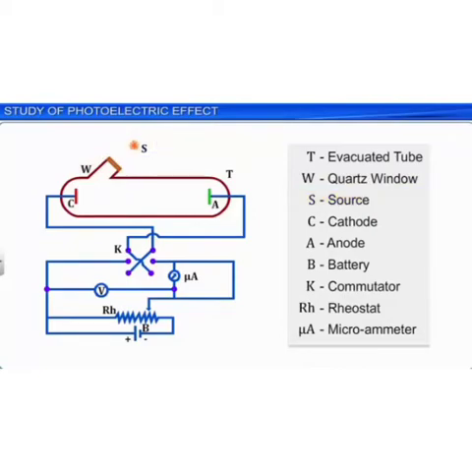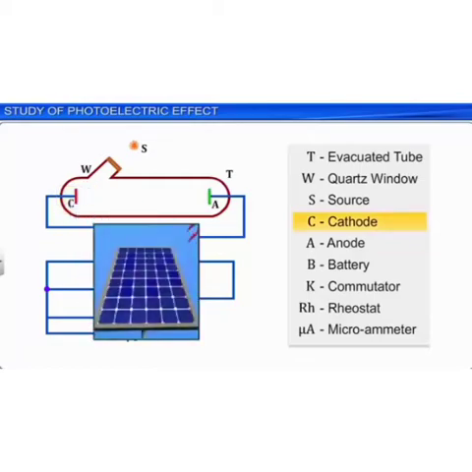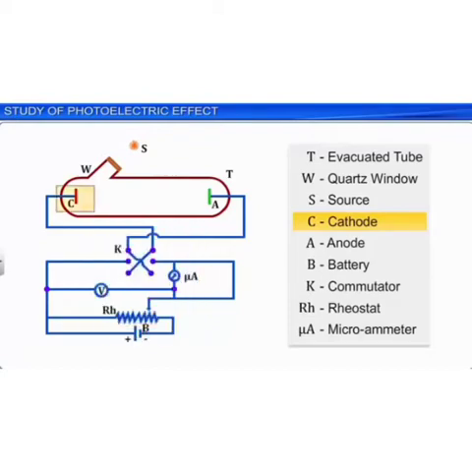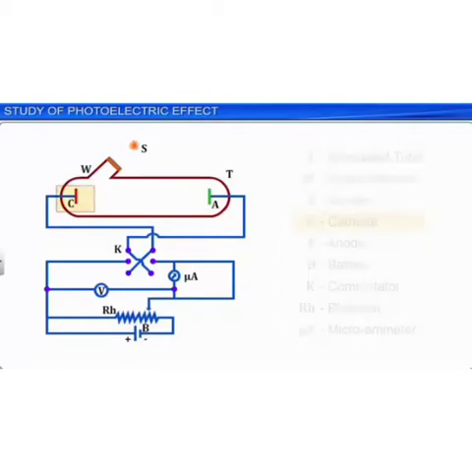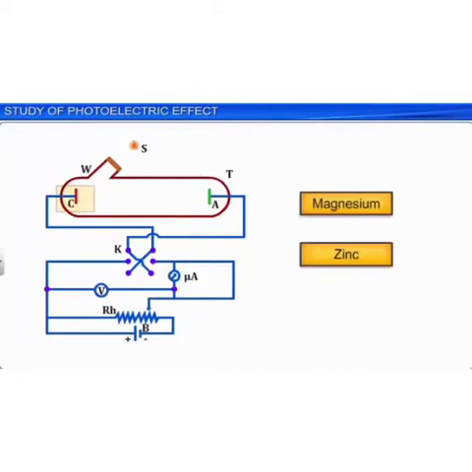The evacuated tube consists of a photosensitive metal plate C, called the emitter plate or the cathode plate. This is similar to the functioning of the solar cells in a solar panel. The emitter plate C can be made of photosensitive metals like magnesium, zinc, and cadmium.